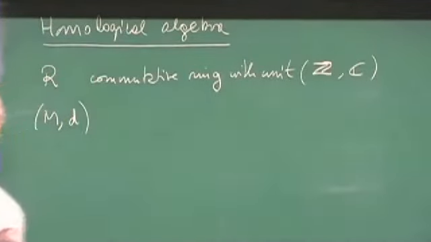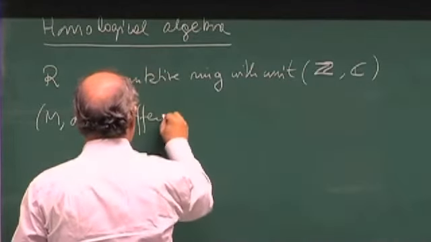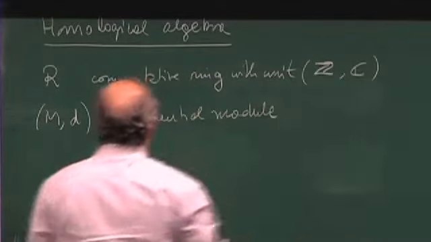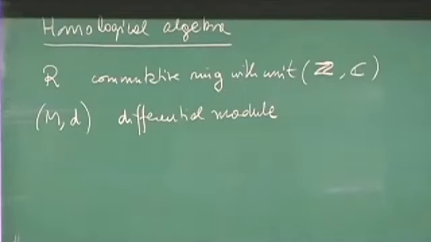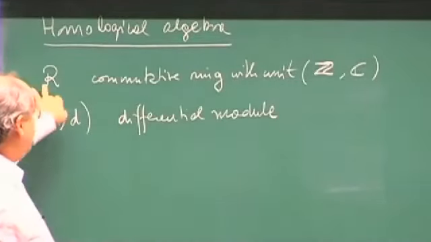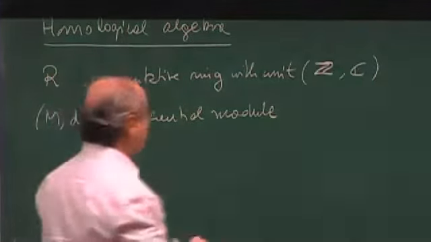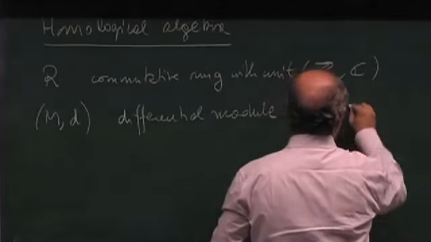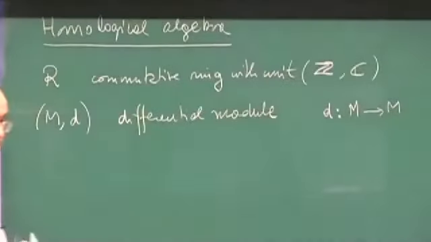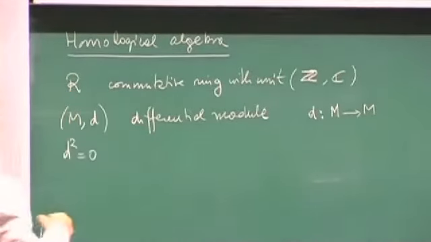We say that a pair (M, d) is a differential module. A differential module is the basic object you need in order to do homology or cohomology. So the idea is that M is a module over R, and we have a map d of M as a module over R, with the property that this map squares to 0. And this map is usually called the differential.